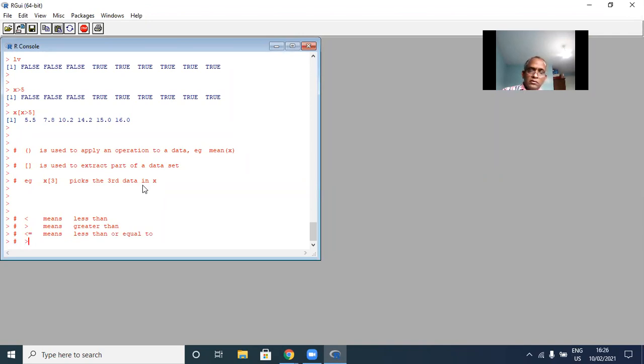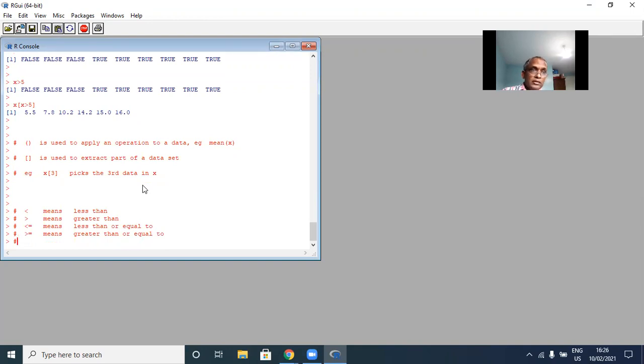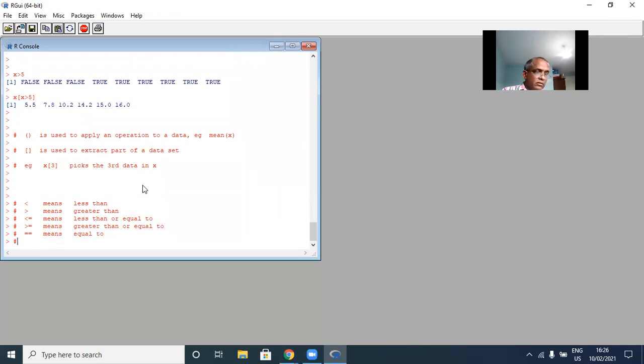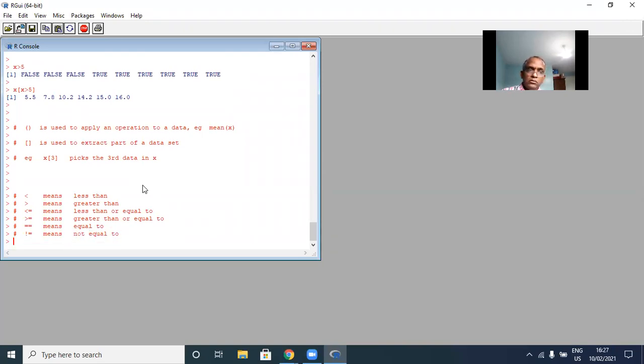And this means greater than or equal to, right? And this double equal sign means equal to. And this means not equal to, right?